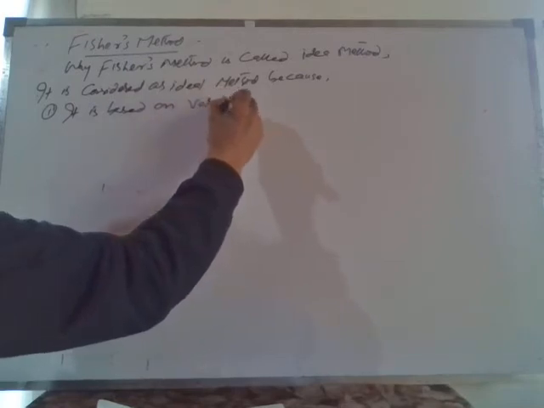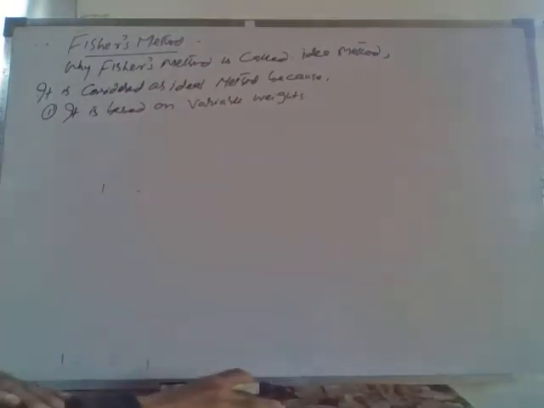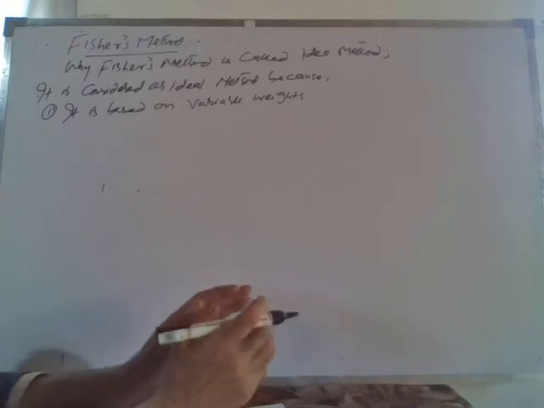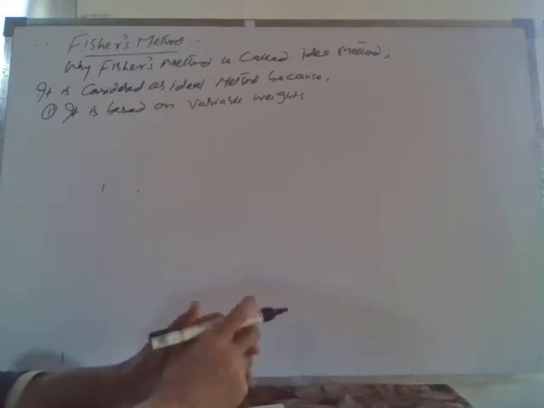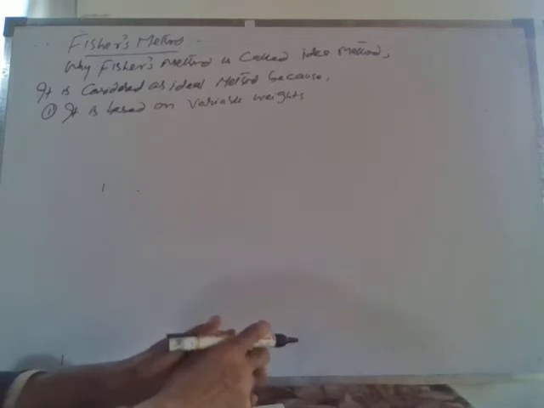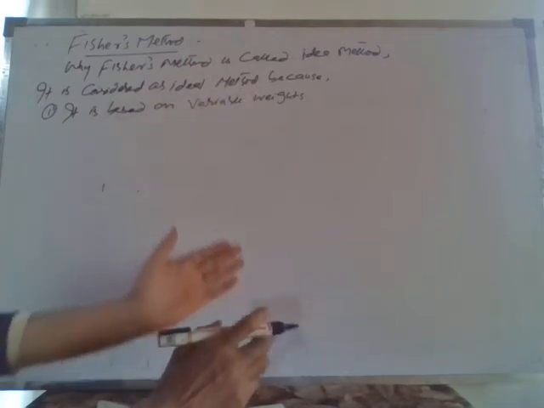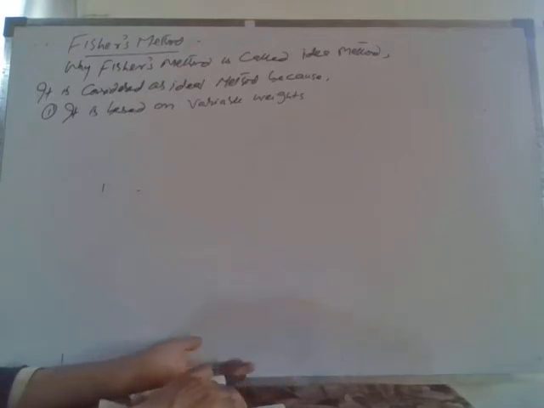Variable weights means it can take weight from the current year as well as the base year.